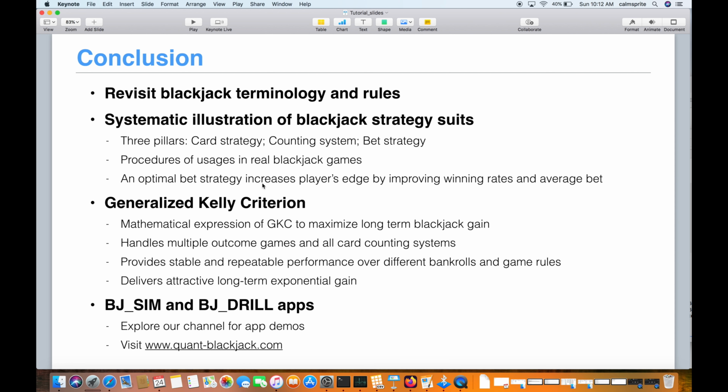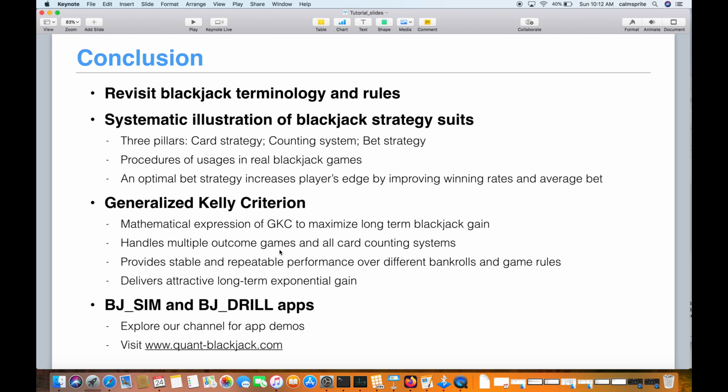A well-crafted bet strategy doesn't just determine the amount wagered, it can also increase the player's edge by improving both the win rate and the effective average bet size. This is where the Generalized Kelly Criterion, GKC, comes in. We reviewed the mathematical formulation of GKC, which was designed to maximize long-term growth in blackjack.